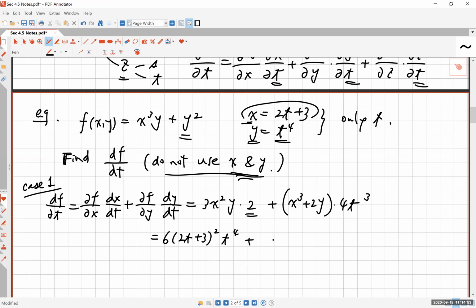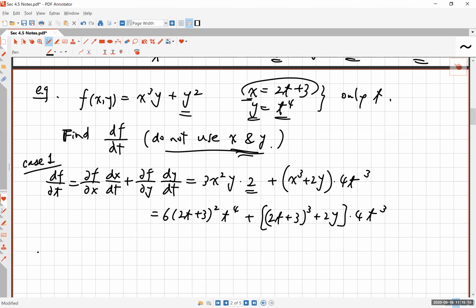And then this is tricky, right? This is (2t plus 3) cubed plus 2y inside of parentheses times 4t cubed. So it is not the previous answer, but that's your answer. Okay, so it's not difficult, right?